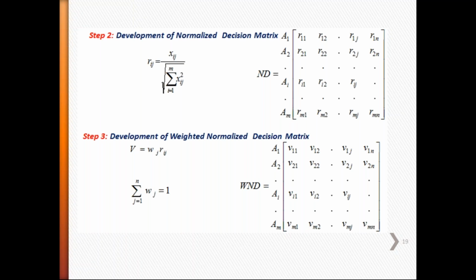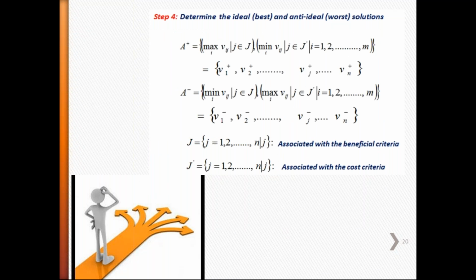And in the second column, you consider the maximum value and set it as the anti-ideal value for criteria C2, because C2 is cost criteria. The ideal solution minimizes cost criteria, but the anti-ideal solution maximizes cost criteria. That way you determine all criteria values for the ideal and anti-ideal alternatives.